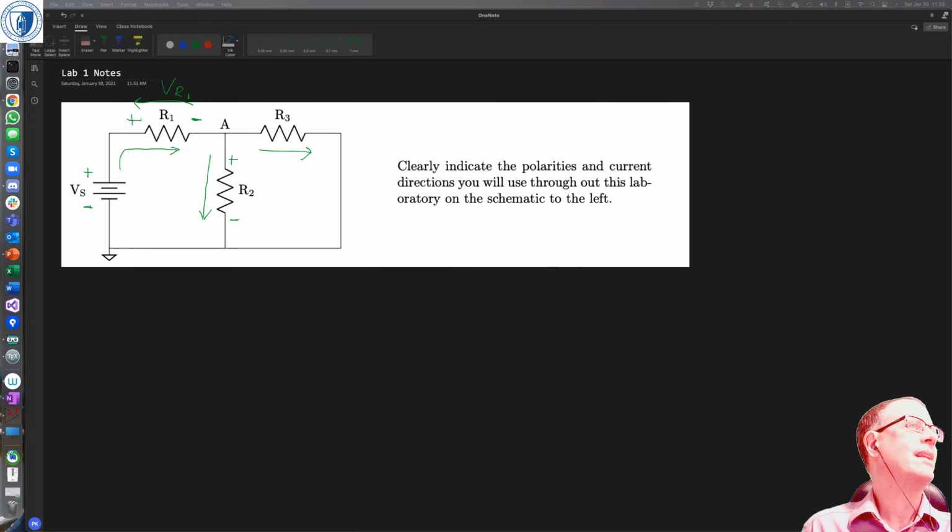And Leonardo, for R3, can you tell me where you think the positive and the negative signs go for R3 to make sure that R3 satisfies the passive sign convention? I don't know whether, did Leonardo have problems with his voice?